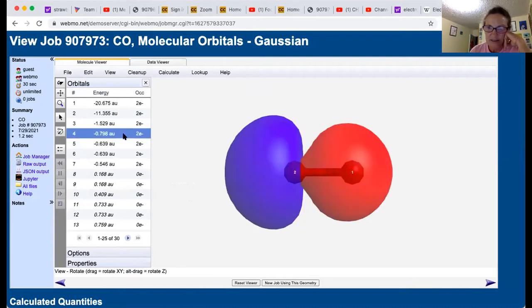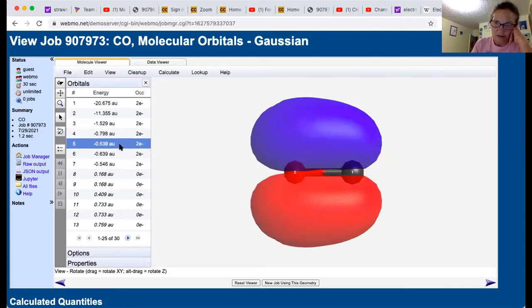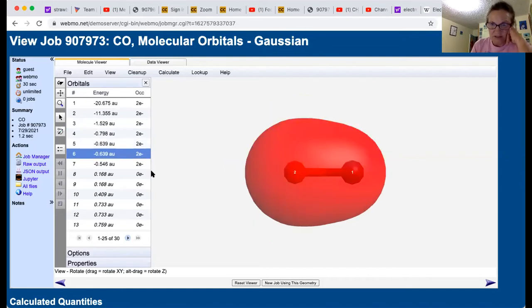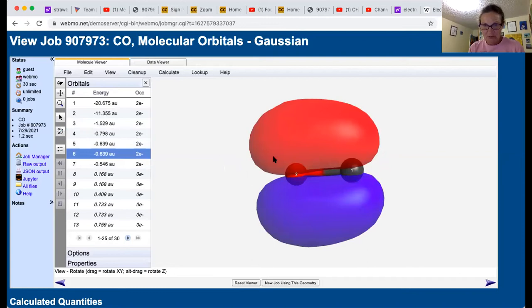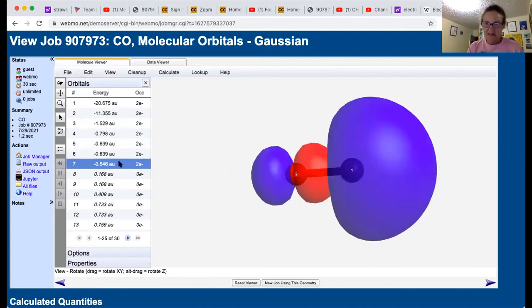The next one does have a node, so a red and a blue that changes color in between the nuclei, so that's an anti-bonding sigma. Here's a pi bond, another pi bond of the same energy, which would be perpendicular, and then another sigma.